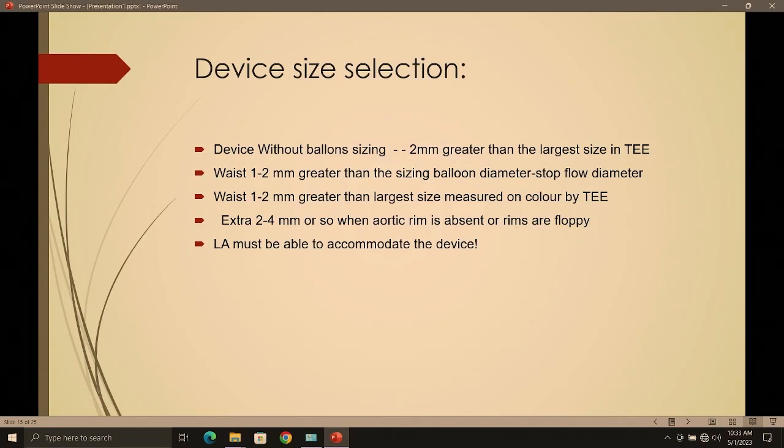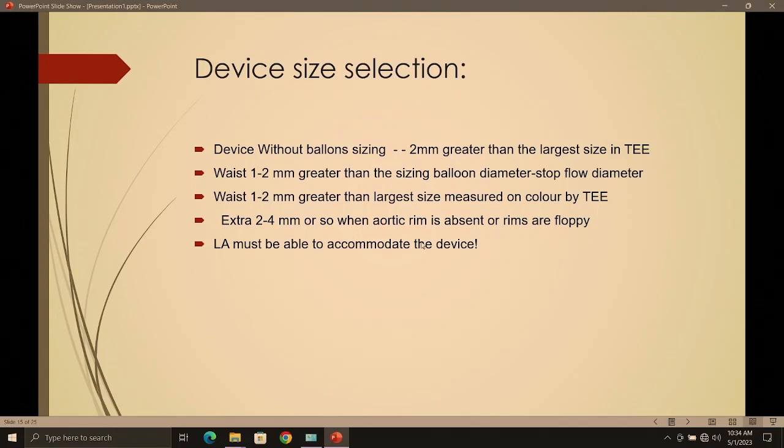So for device size selection, without balloon sizing, the device should be 2 mm greater than the largest size on the transesophageal echocardiography. The waist should be 1 to 2 mm greater than the sizing balloon diameter in stop-flow diameter of the septal defect. Waist 1 to 2 mm greater than the largest size measured by color on the transesophageal echocardiography.